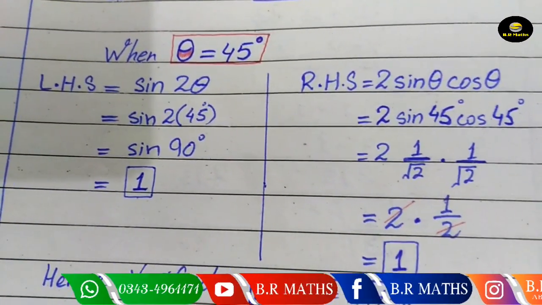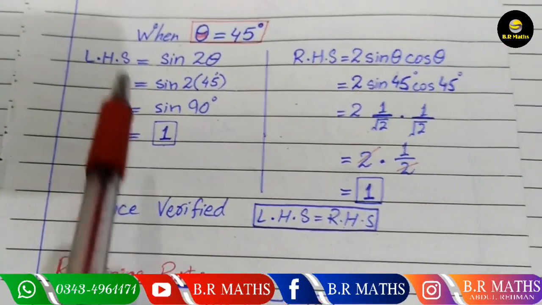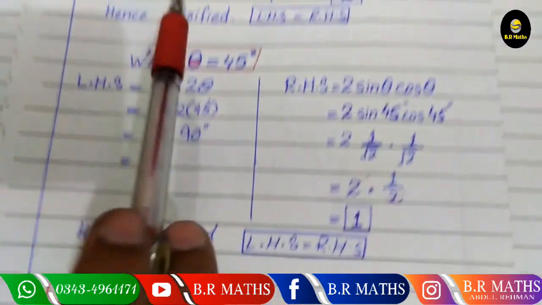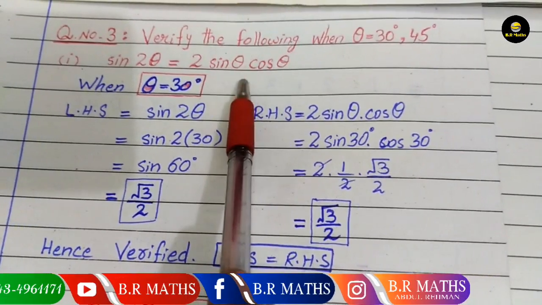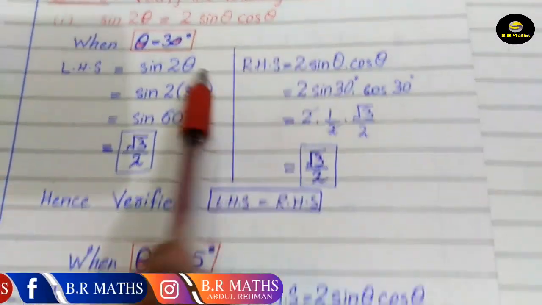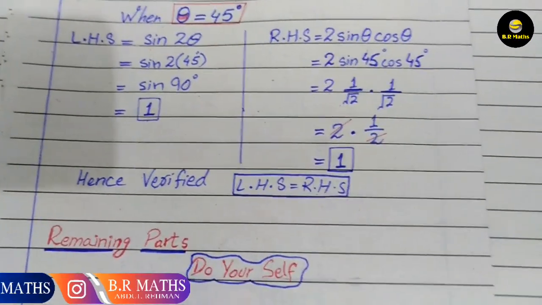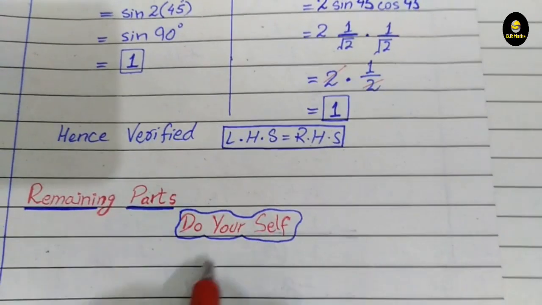So the left hand side equals the right hand side. It means the given identity sine 2 theta equals 2 sine theta cos theta is verified for 30 and 45, and similarly for all other values.